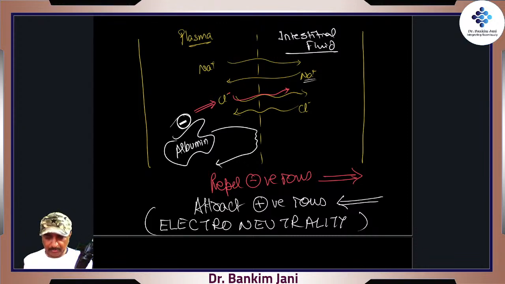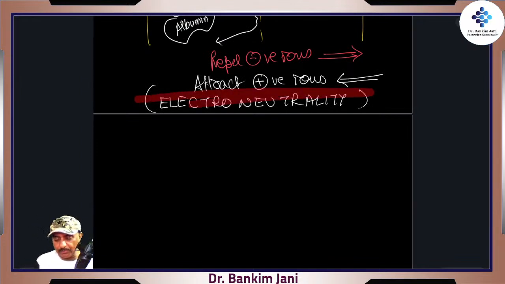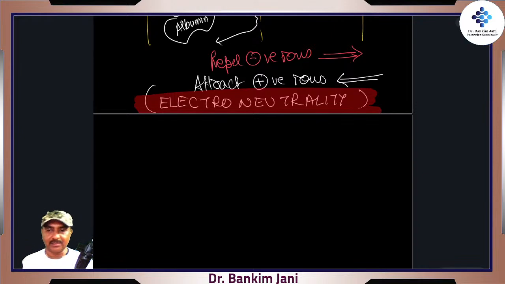It will keep on doing it till the electroneutrality is there. Once it is there, it is happy. So there would be some difference between both of them. Electroneutrality is maintained, but the number of ions in the plasma and in the interstitial fluid will vary to some extent.